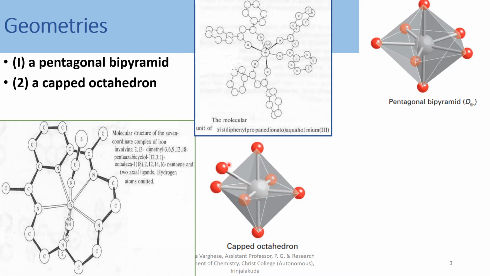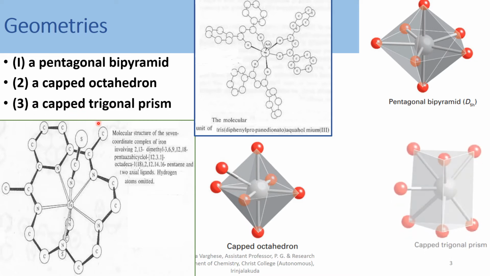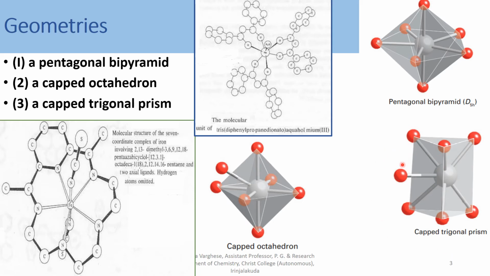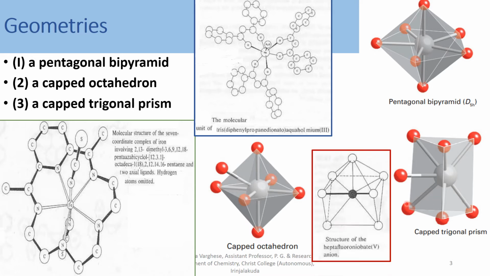And the third geometry is a capped trigonal prism. You can see here the picture for the capped trigonal prism. In this, the seventh ligand is placed on one of the rectangular faces of the trigonal prism. For example, you can see the heptafluoroniobate ion. The central atom is niobium and the surrounding seven ligands are fluoride ions.